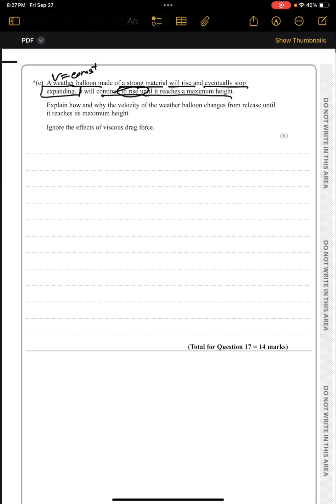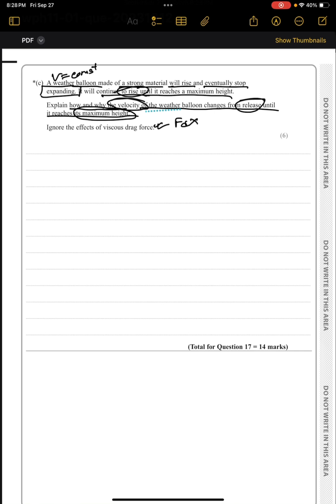Explain how and why the velocity of the weather balloon changes from release until it reaches its maximum height. So we have to say how the velocity changes from the release point to the maximum height. We have to ignore the viscous drag forces. So Fd is ignored. So let's go and find it out.